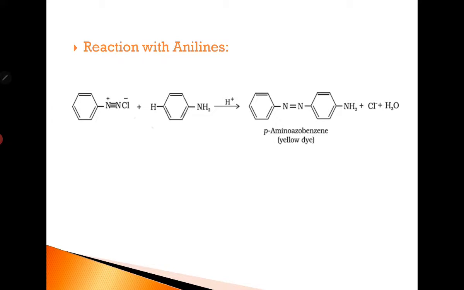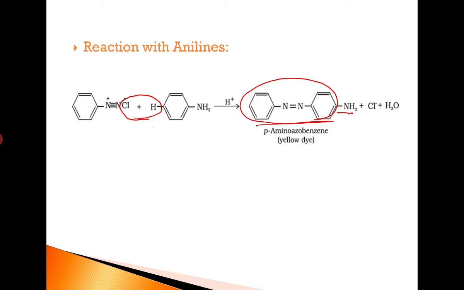Here HCl is lost, and in the para position we have an amine group, so it is para amino azobenzene, which is a yellow colored dye. In this way, diazonium salts on reaction with phenols and anilines give rise to coupling products which have bright colors, therefore they are called azo dyes and used as dyes in textile industries.